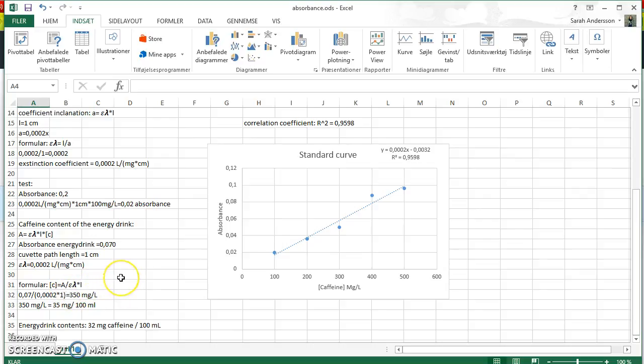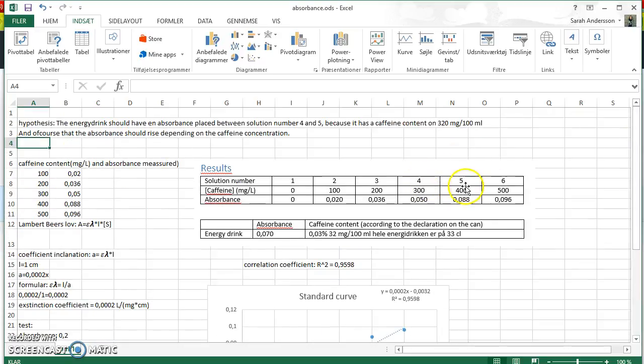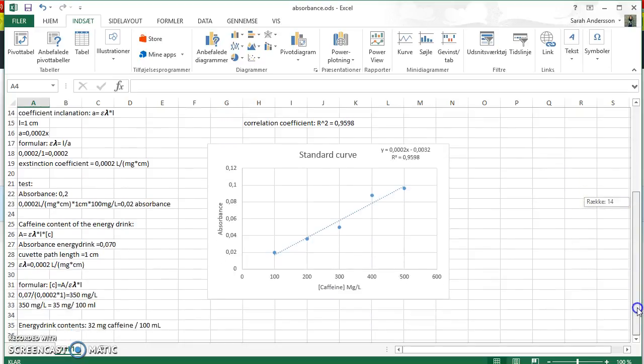We have the absorbance measured from the energy drink in our experiment, which was 0.07, which is accurate for our hypothesis, as it is placed between number 4 and 5 over here. So that was correct.